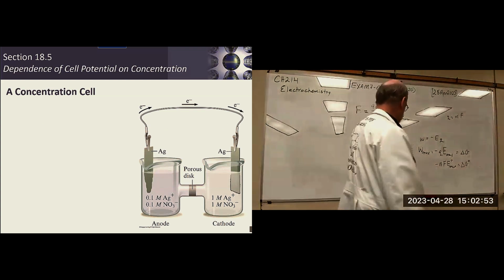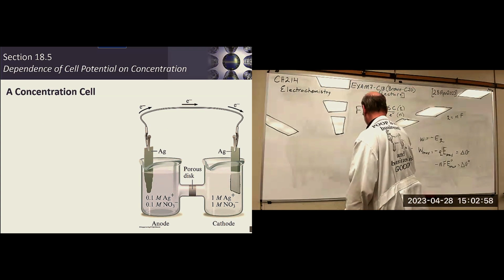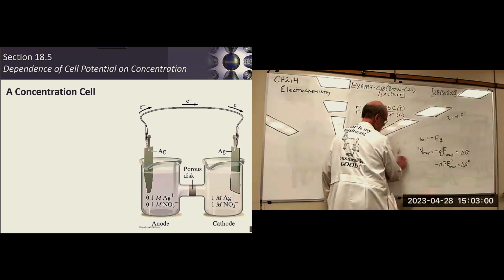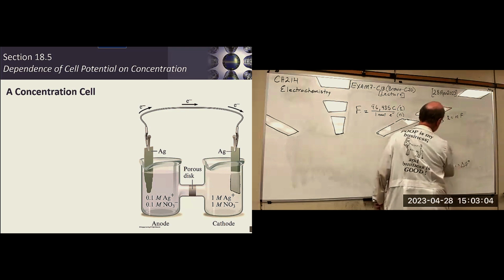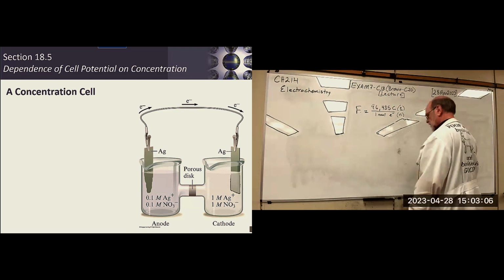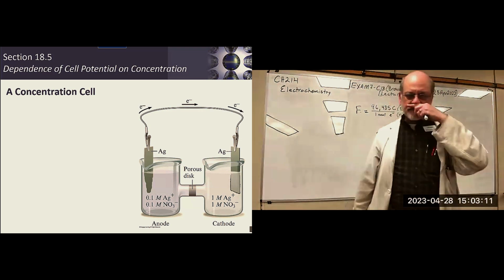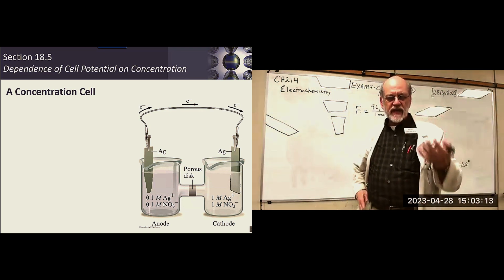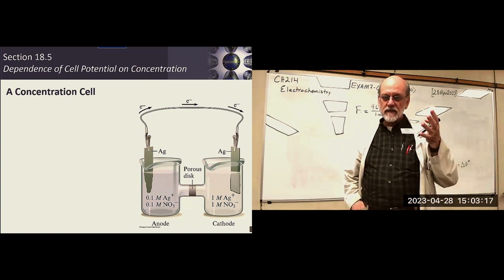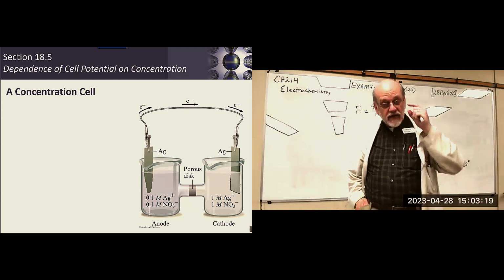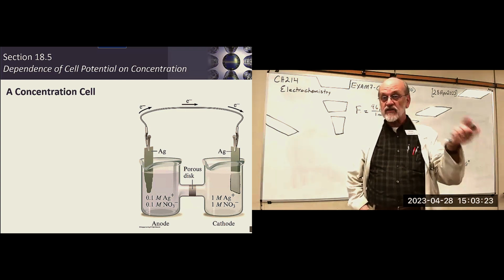Okay. Now we'll leave that for a second and introduce another concept. I'll leave that one there for now, just in case we need it again. What would be the cell potential if you put two cells together under standard conditions with exactly the same chemistry going on in each one?